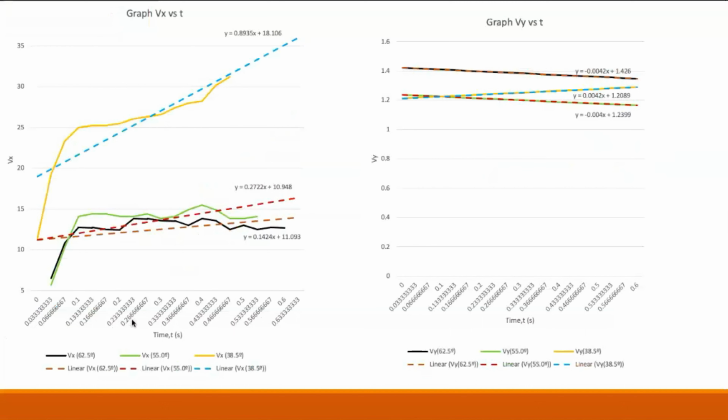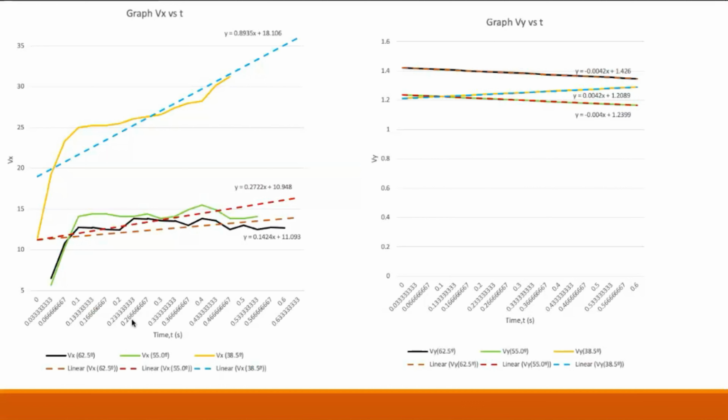Last but not least, for graph Vx over t, as you can see, it's quite different because for the angle 38.5 degrees the velocity is bigger than for 55 degrees and 62.5 degrees.